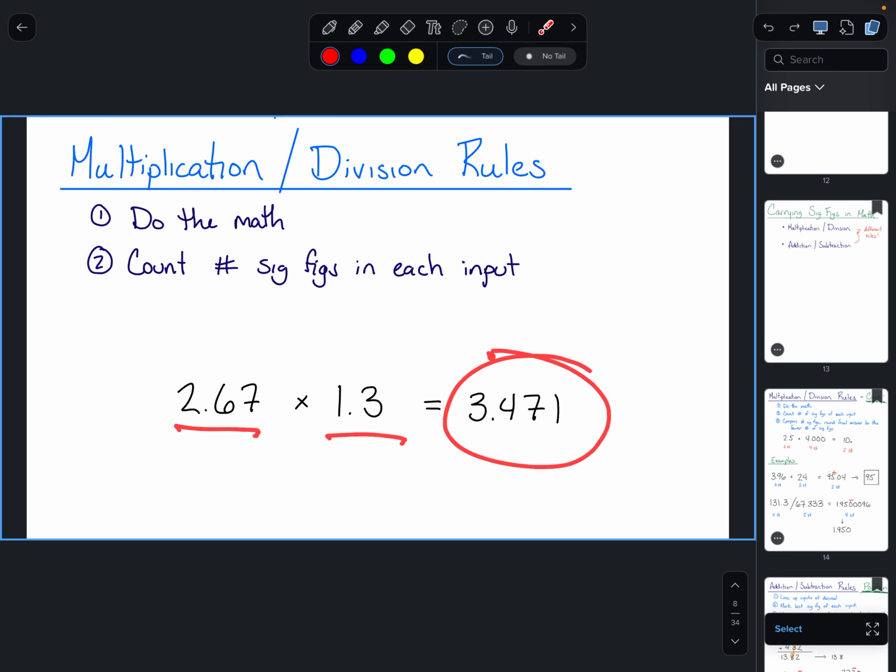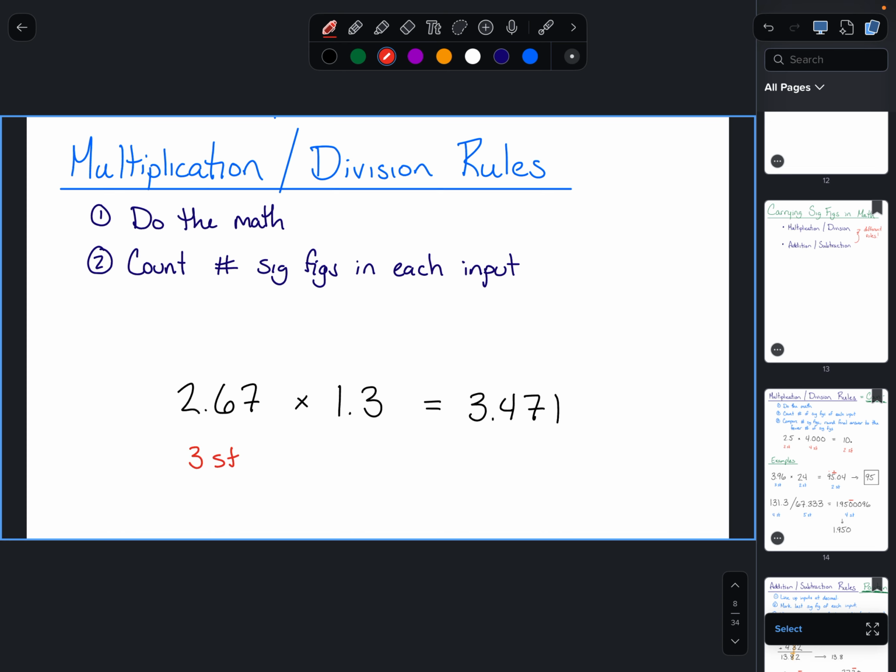So if I'm counting the number of sig figs in my input, I'm worried about what I'm multiplying together. So 2.67, how many sig figs do we see? 3 sig figs. And what about 1.3? That's 2 sig figs. All right. So then the last step here is we're going to compare, and we're going to report our answer to the fewer number of sig figs.